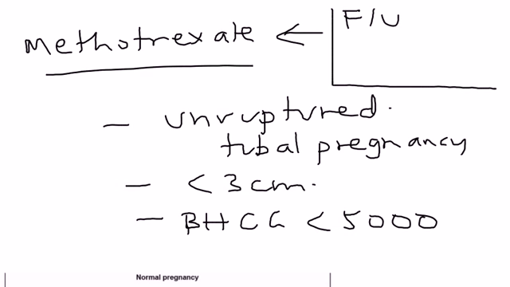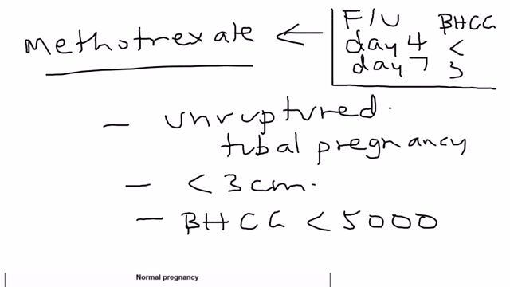And the way you do that is very specific. After you give the drug, on day 4 and on day 7, you have to measure the beta HCG level. And what you're looking for is a decrease of greater than 15%.